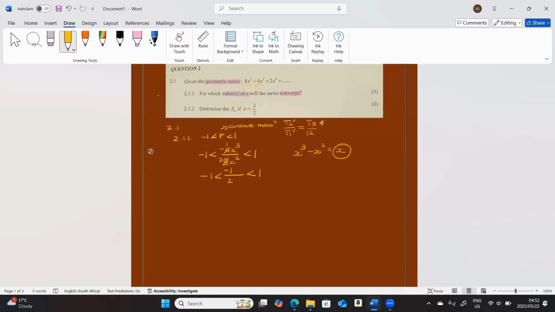But where do I write that x? Because I am working with a fraction. We taught you in grade 9 with fractions that you write it at your highest power, and your highest power of your base of x is in your numerator. So the x goes to the numerator. Do you understand that?